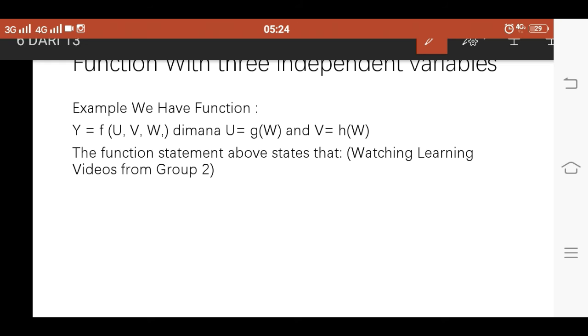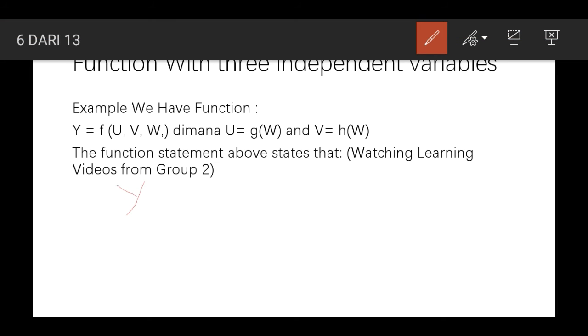From the function above, we state that the variable y is influenced by u, v, and w, and the variable u is influenced by w, and the variable v is influenced by w too.